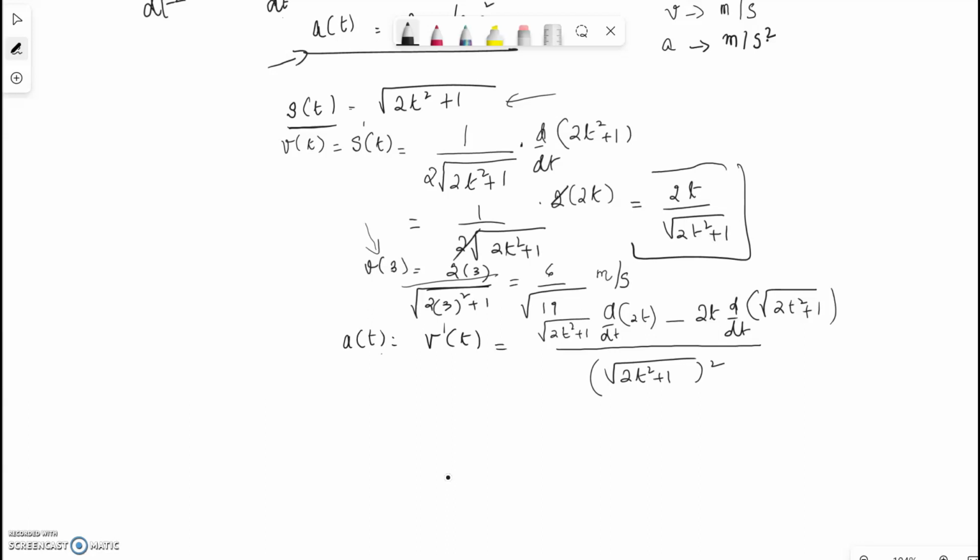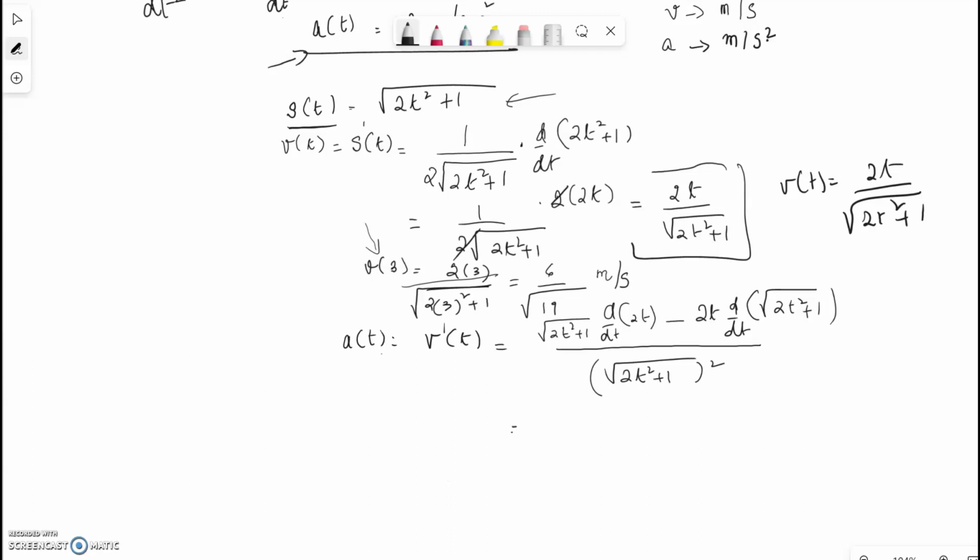So we take the derivative of the velocity function, v of t equals 2t over square root of 2t squared plus 1. So we square the denominator times derivative of numerator minus numerator times derivative of denominator.